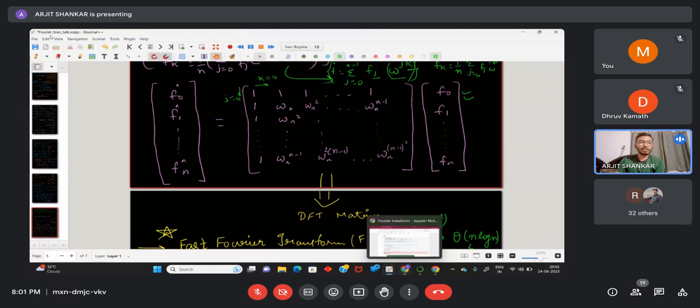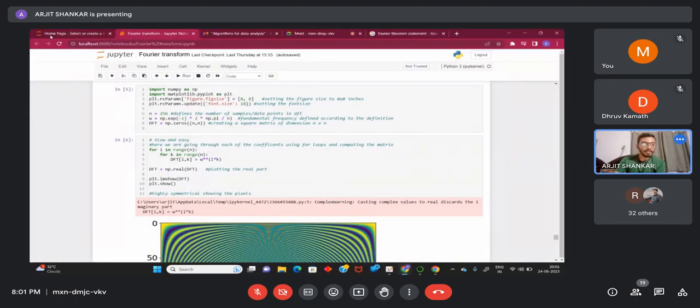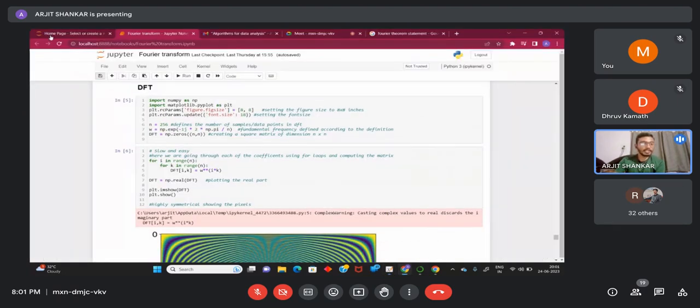I will show you with the help of code also how we can write it. Yeah, I think you can see now. Over here, the first few lines are setting the figure size, defining the libraries, setting the font size, and then we are defining the number of samples. Let's say 256. So if n is equal to 256, then we have a matrix 256 cross 256, right?